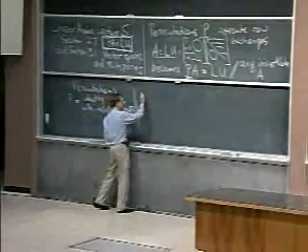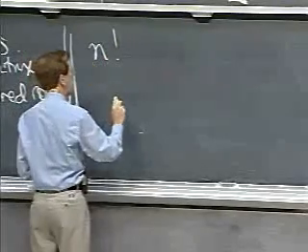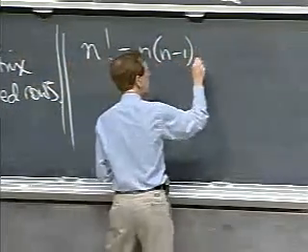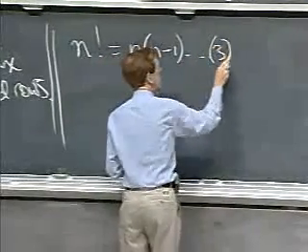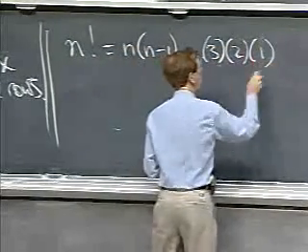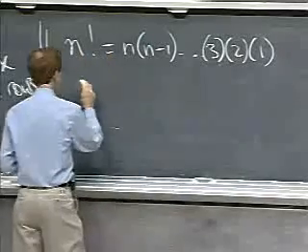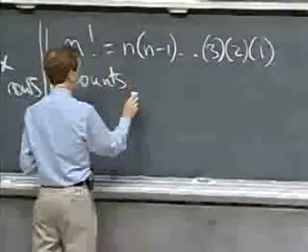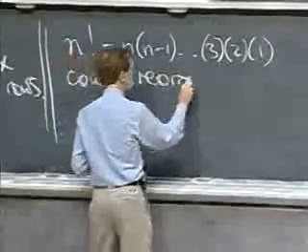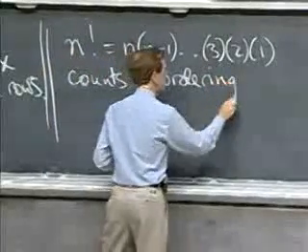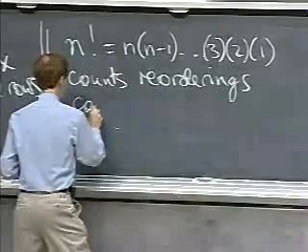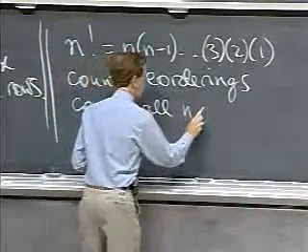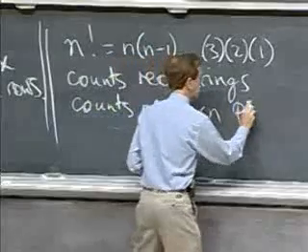The answer was n factorial. This is n times n minus 1 times n minus 2 down to 3 times 2 times 1. That counts the possible reorderings, so it counts all the n by n permutations.